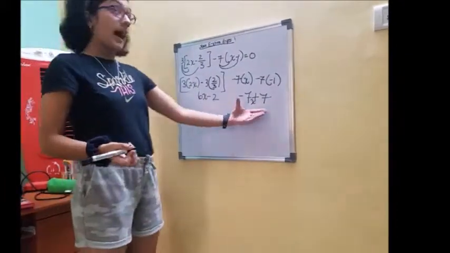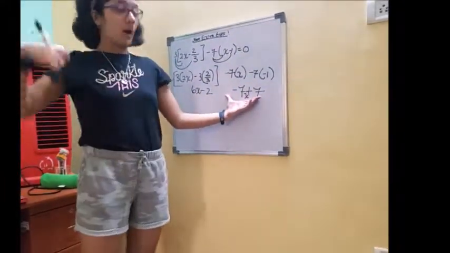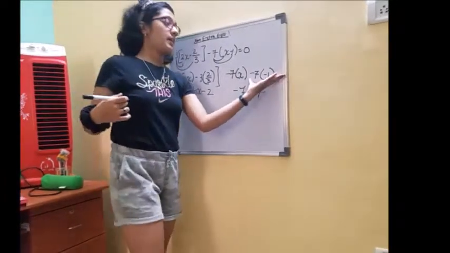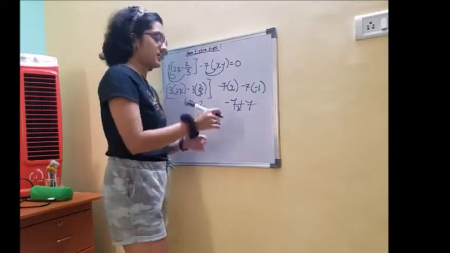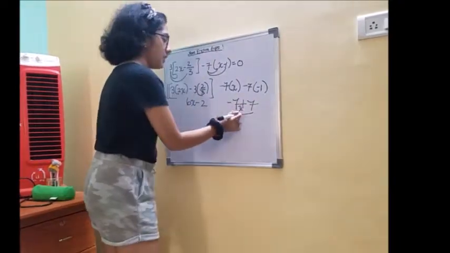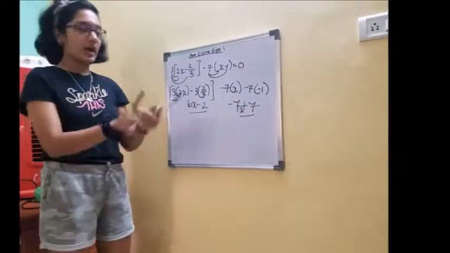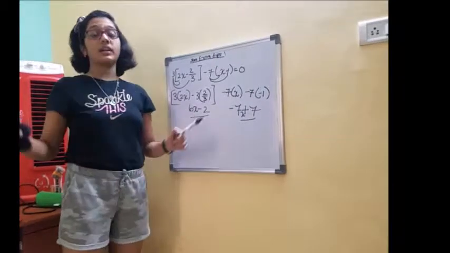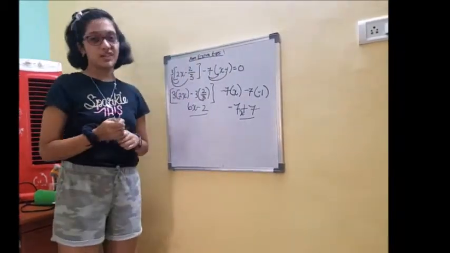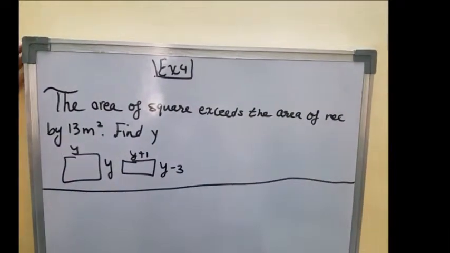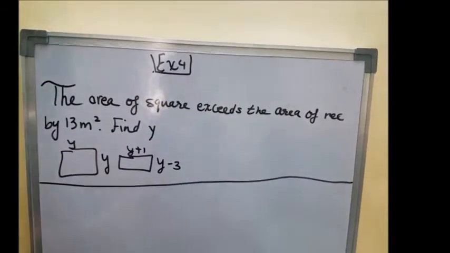So in this case, I just got confused by saying negative 1, but this way helped me more easily understand that it's not negative 1 and it's not even negative 7, it's positive 7. So this is a simple method, and it could help you when it comes to long and more complicated kinds of linear equations.